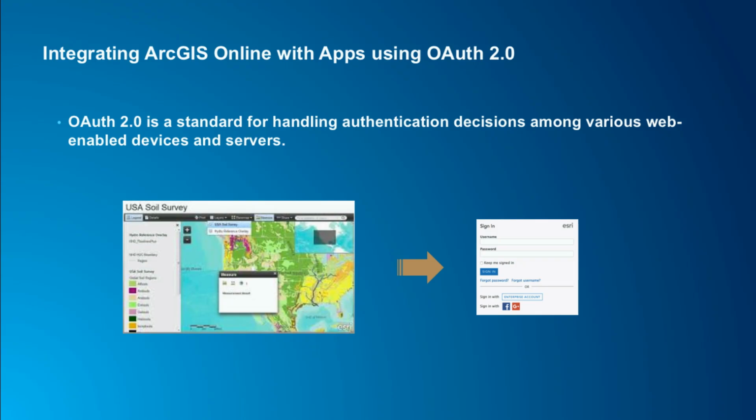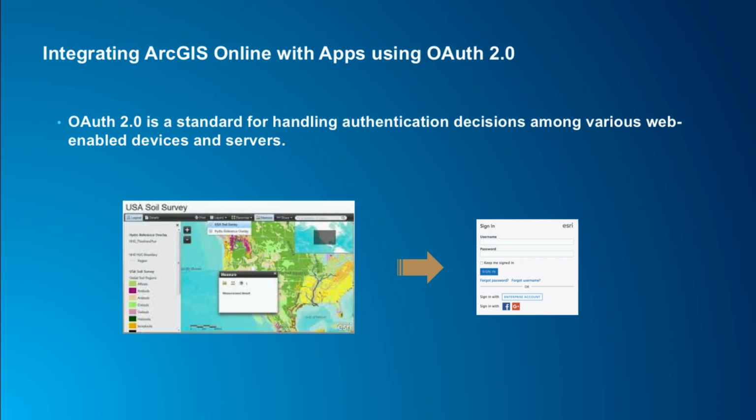You do this by using something called OAuth 2. They define OAuth 2 as a standard for handling authentication decisions among various web-enabled devices and servers. But basically, it's a way for your application to prompt a user to log in.